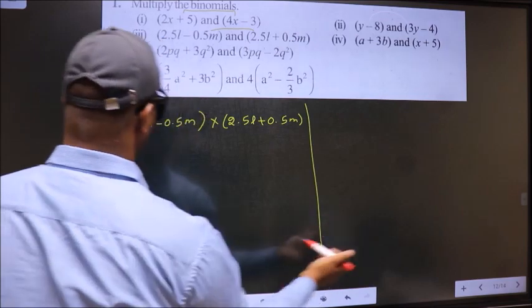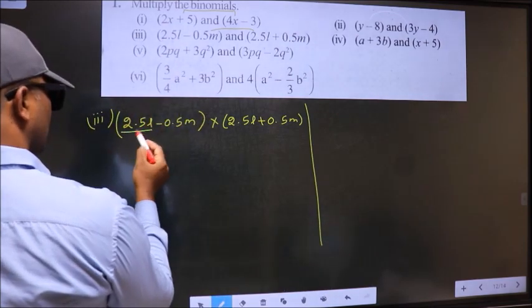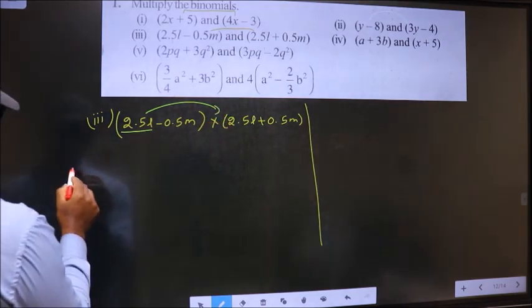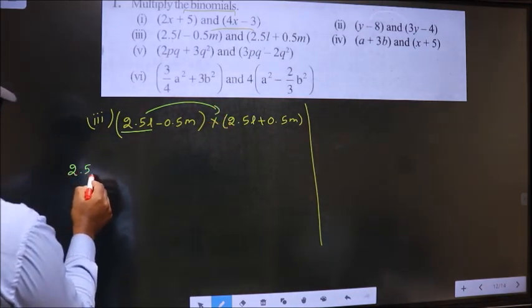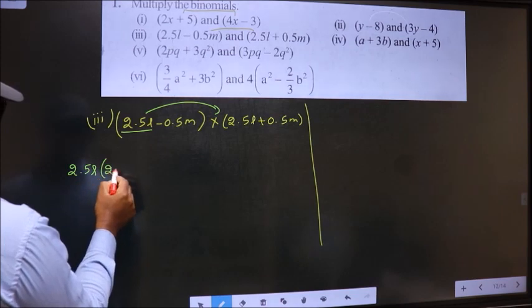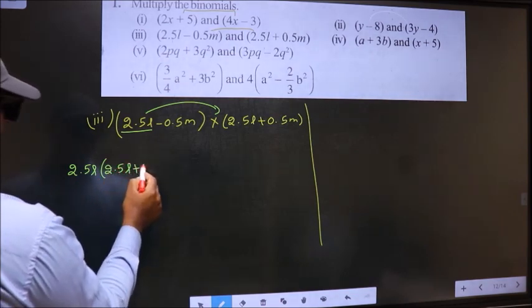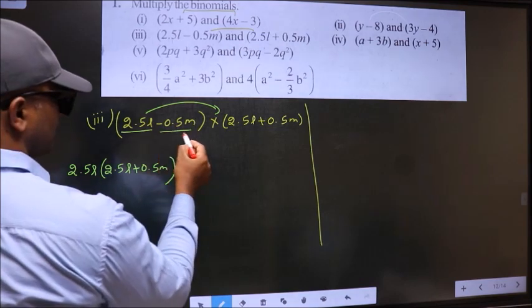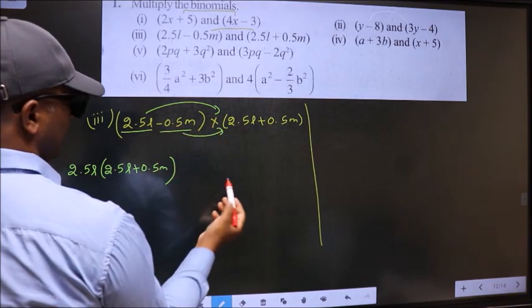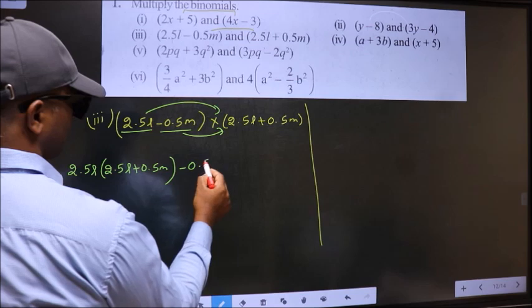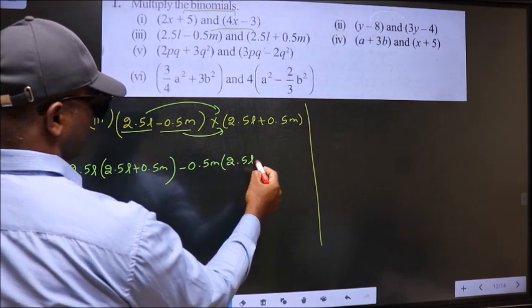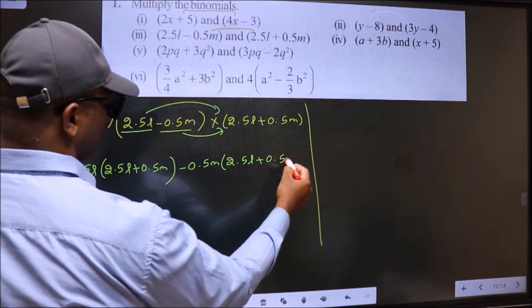Now with this 2.5L, we should multiply the entire bracket, that is 2.5L plus 0.5M. Now with this term we should multiply the entire bracket, that is minus 0.5M into 2.5L plus 0.5M.